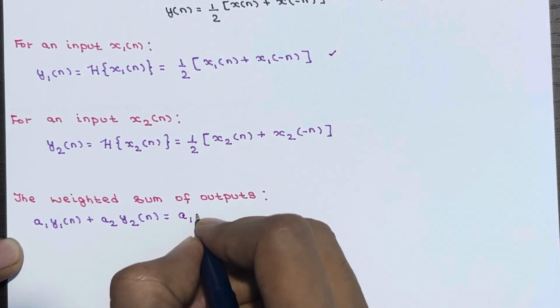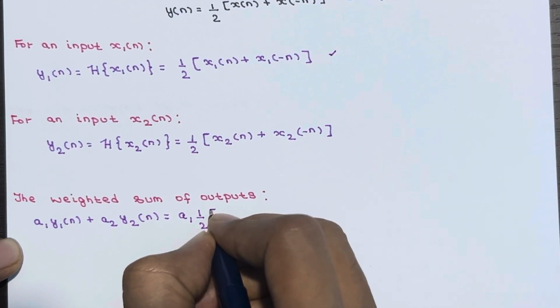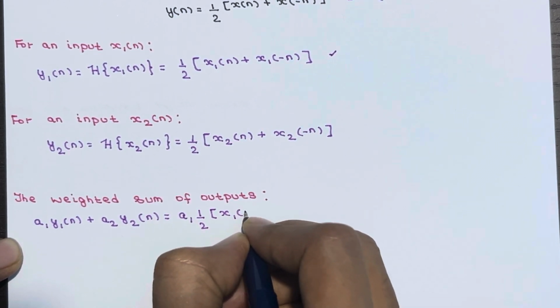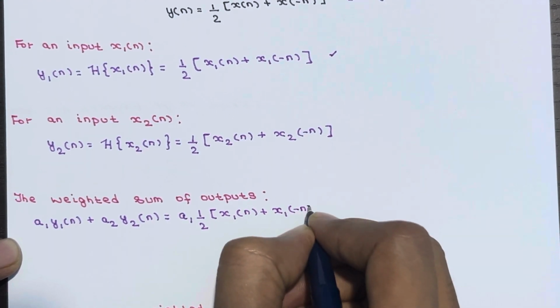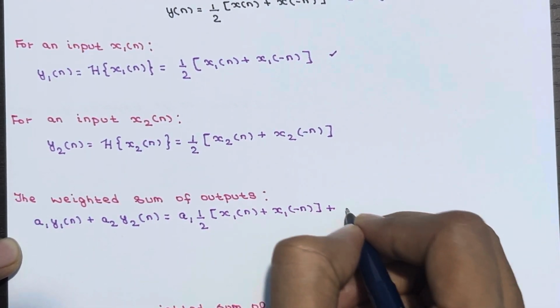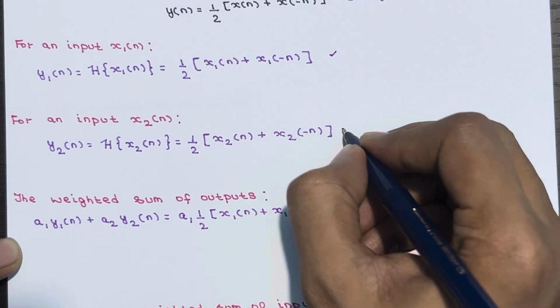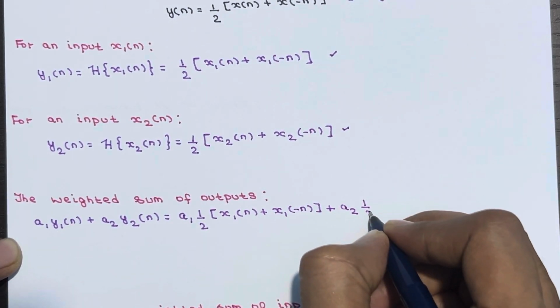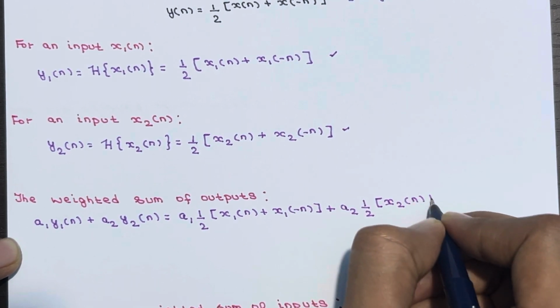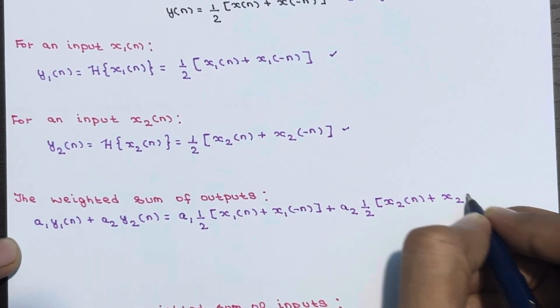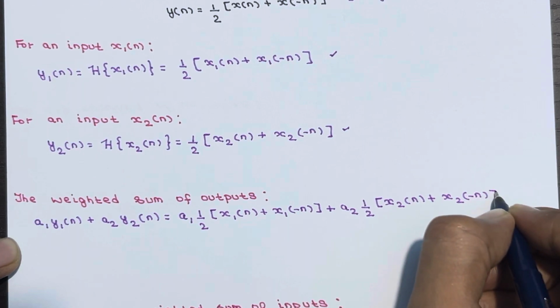This. So it becomes 1 by 2 into x1 of n plus x1 of minus n, plus a2 into y2 of n. So this is y2 of n. Hope this is clear.